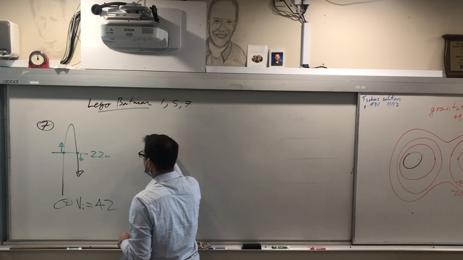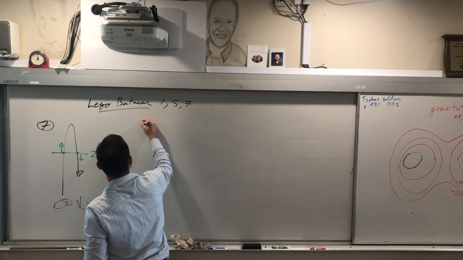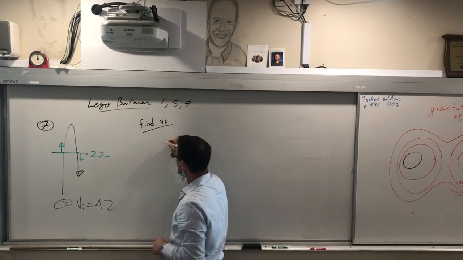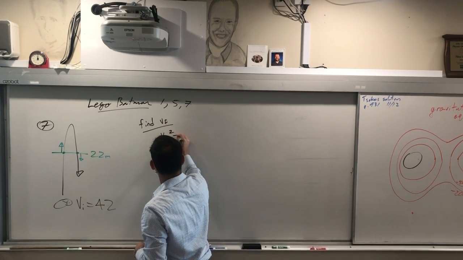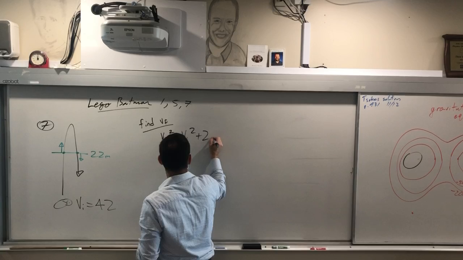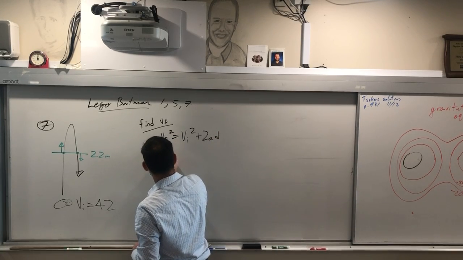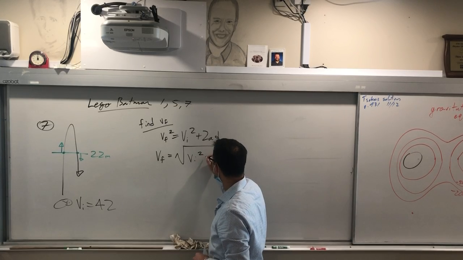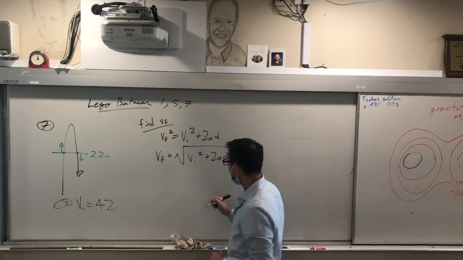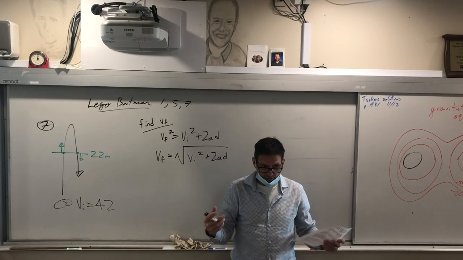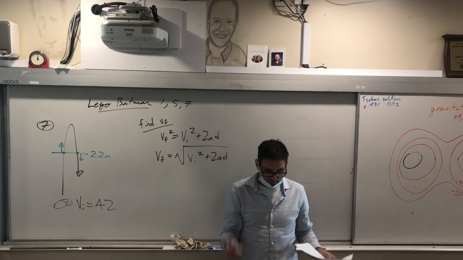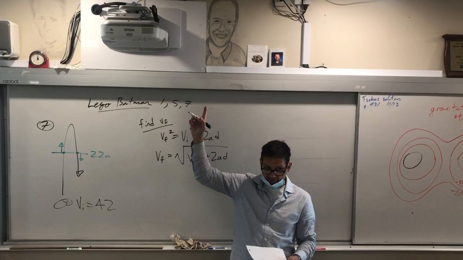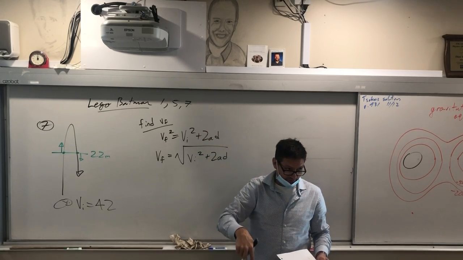So the first step is to find VF. We're going to use the second formula for that. And in order to solve for the final velocity, we have to take the square root of everything else, right? When you find a square root, what do you know about the answer? Plus or minus. So it's going to be the same number, but it can be positive moving up or negative moving down.